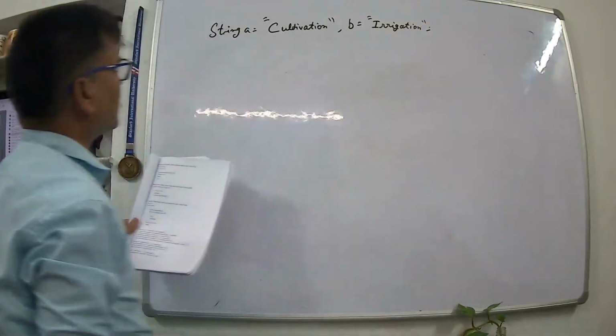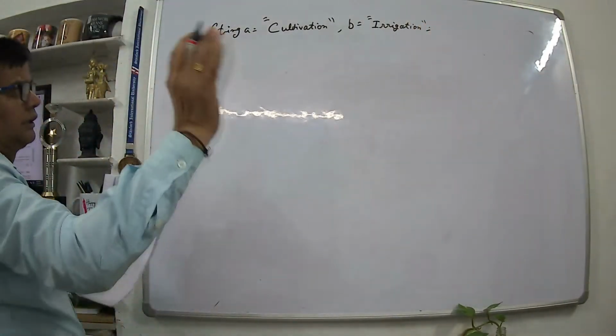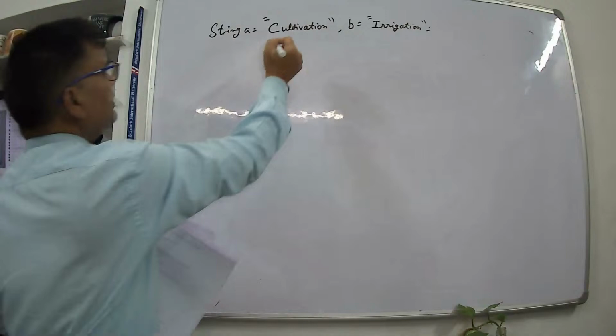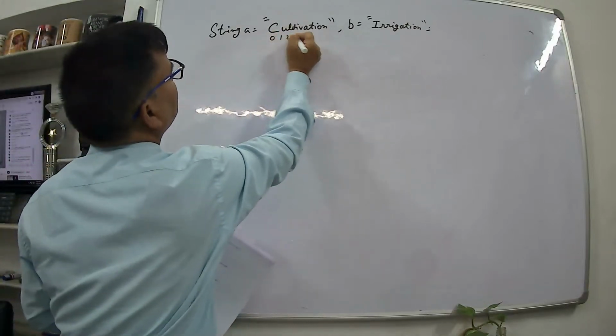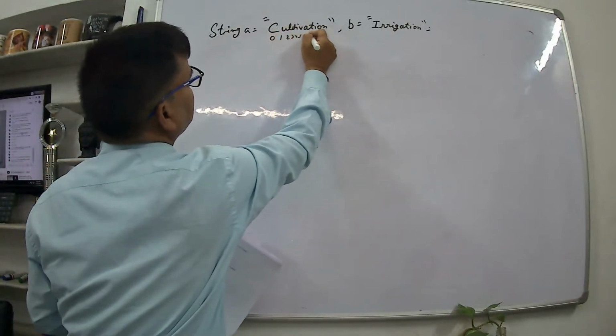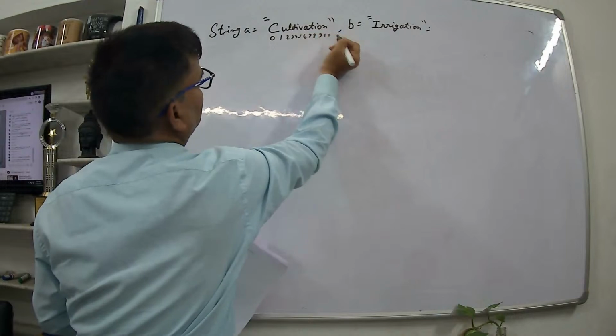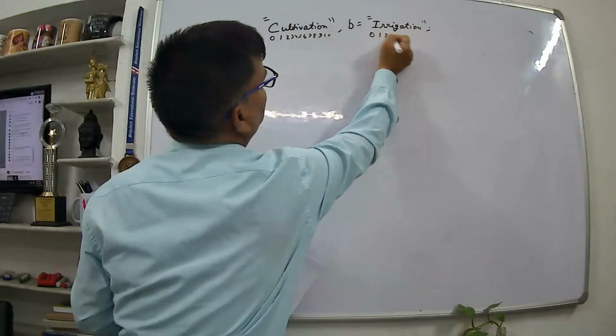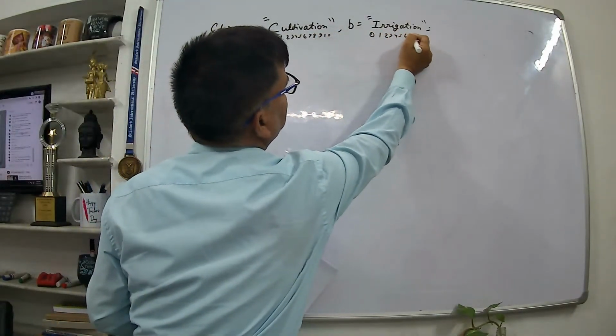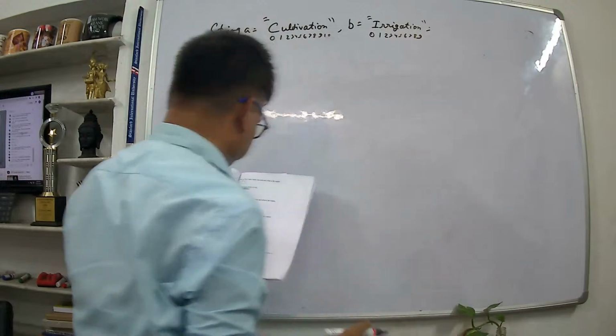String a equal to cultivation, string b equal to irrigation. Always for these output based questions, simply number it 0, 1, 2, 3, 4, 5, 6, 7, 8, 9, 10. And here 0, 1, 2, 3, 4, 5, 6, 7, 8, 9.